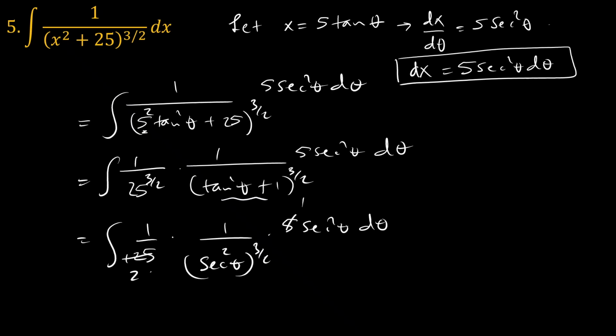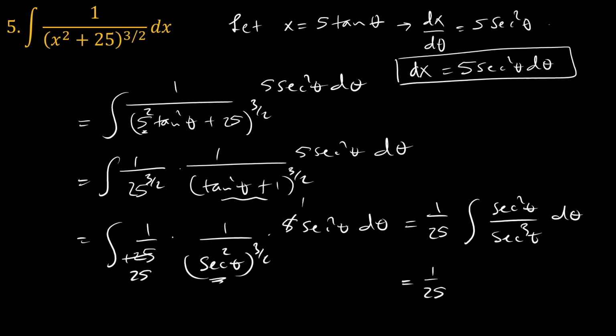And this becomes 25, and here we get sec to the power 3, so we have in essence 1 over 25 sec squared theta over sec cubed theta. This is the same as 1 over 25, 1 over sec theta, which is 1 over 25 cosine theta integrated.